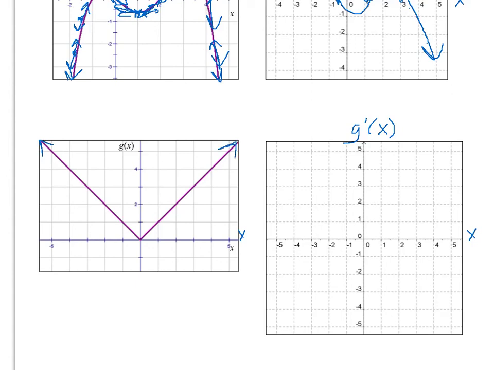And this is linear, so I can calculate the exact slope. Every tick mark counts for 1, so it's going down 1 over 1, down 1 over 1, down 1 over 1, all the way up until x equals 0. At x equals 0, then it changes to up 1 over 1. And that tells us that at x equals 0, it is changing, and it's changing quickly, so it's not going to have a derivative there.